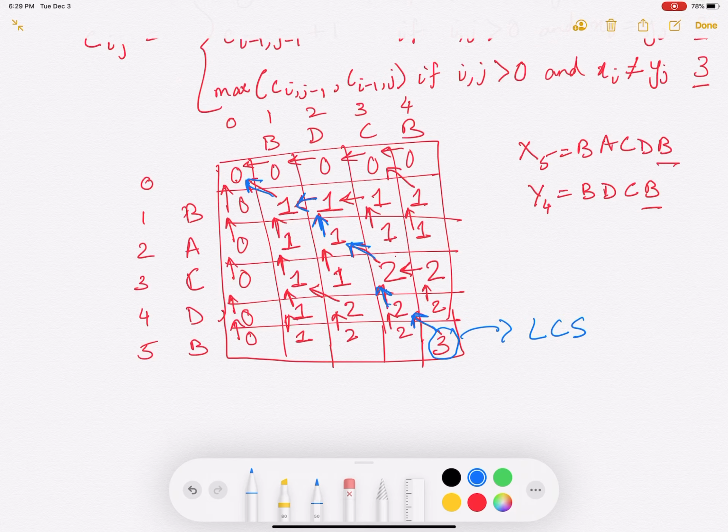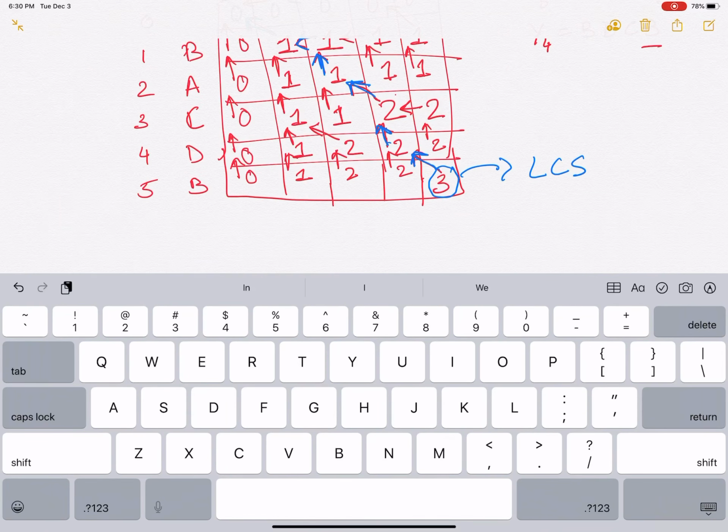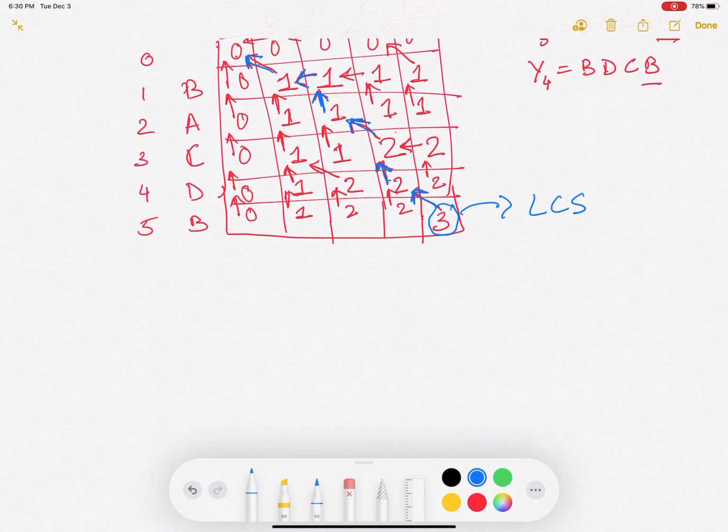Now, whenever you move diagonally, you are going to include that character, and you can pick either from the X or Y and include it in your longest common subsequence. So let's understand that.